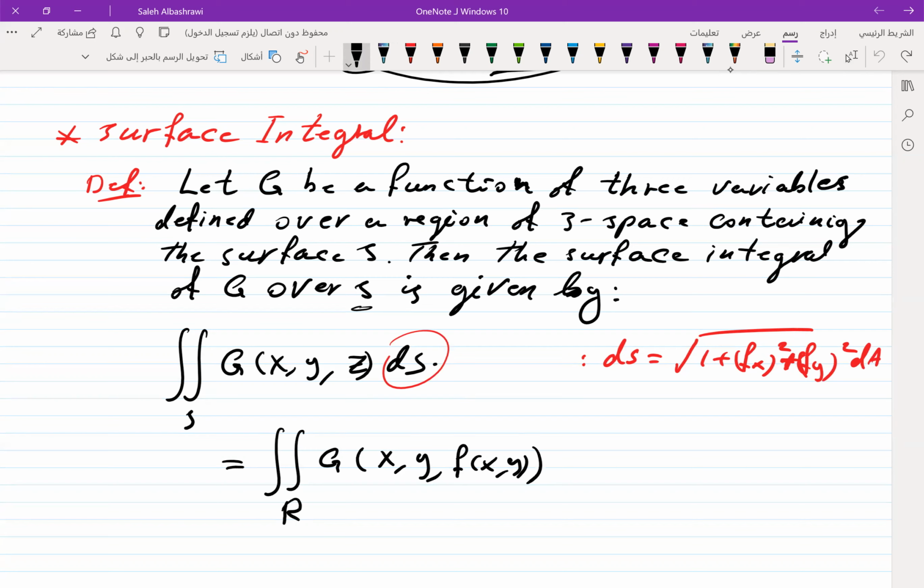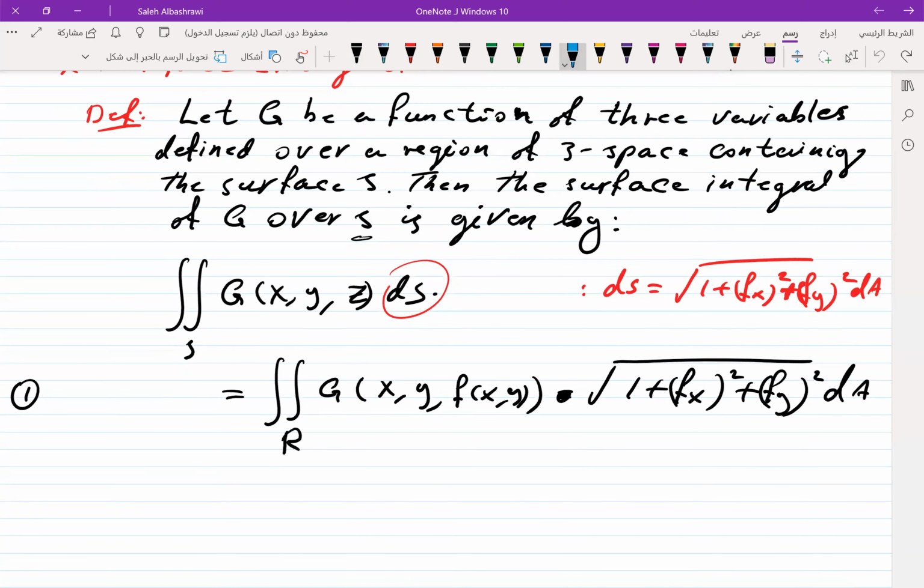If we define the variable z as a function f of x, y, then this will be the integration of g of x, y, and f of x, y, just replacing it by the given function, multiplied by the square root of 1 plus f sub x squared plus f sub y squared dA. This is the first formula. Let me call it 1.